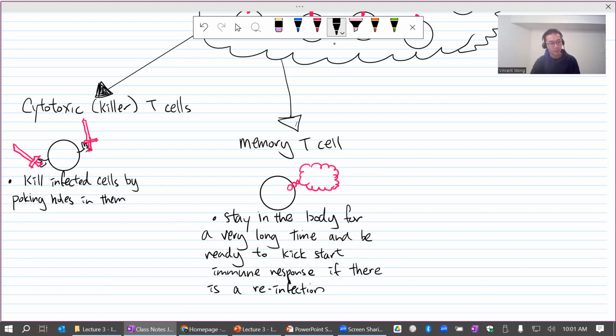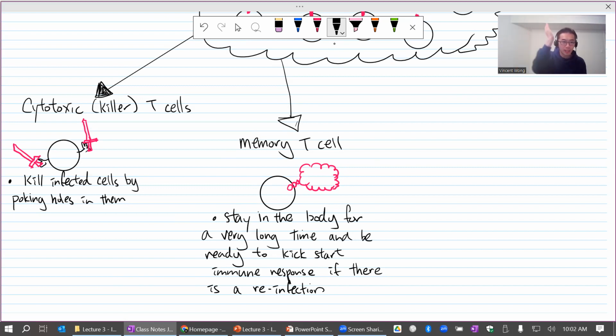Let's just get rid of it one more time. So by having these memory T cells in our body, we have long-lasting protection against things that we have previously fought off.